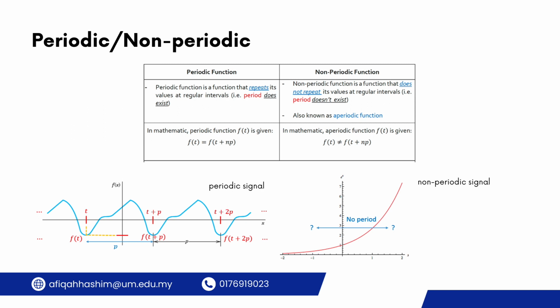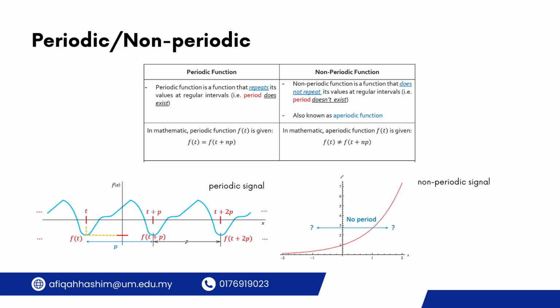From the picture here you can see this is a periodic function and this is a non-periodic function. In the periodic function, you have the time where it starts, t, and then it repeats. It starts from here and ends here.